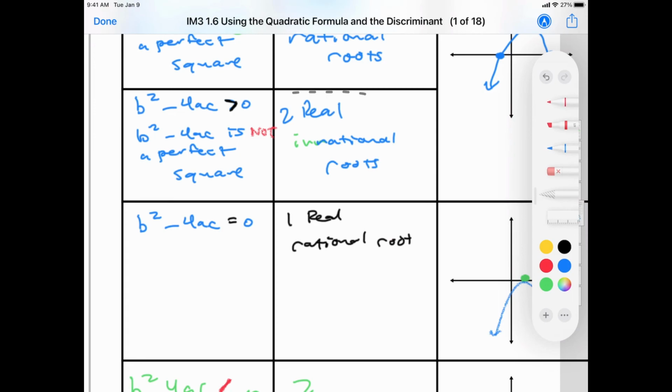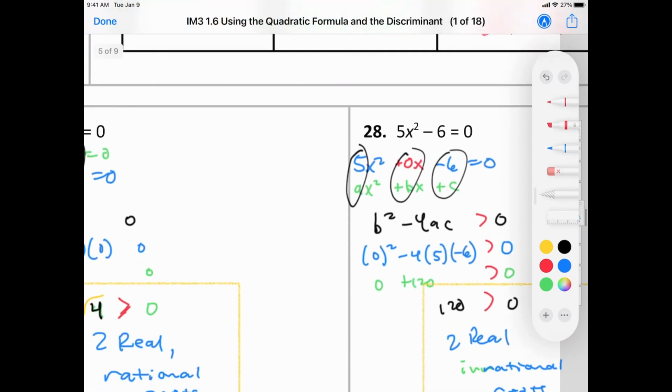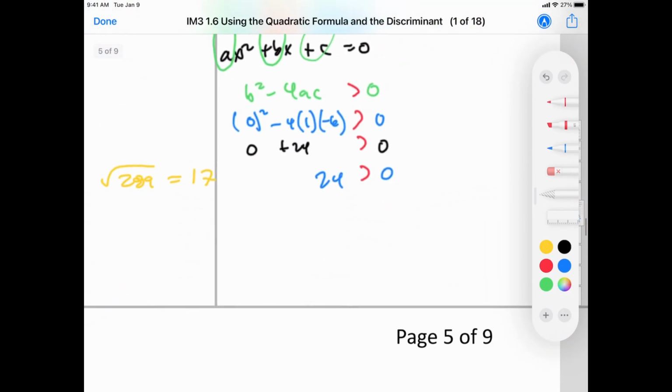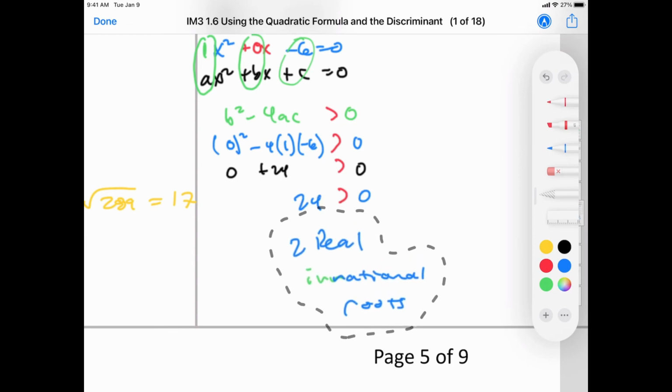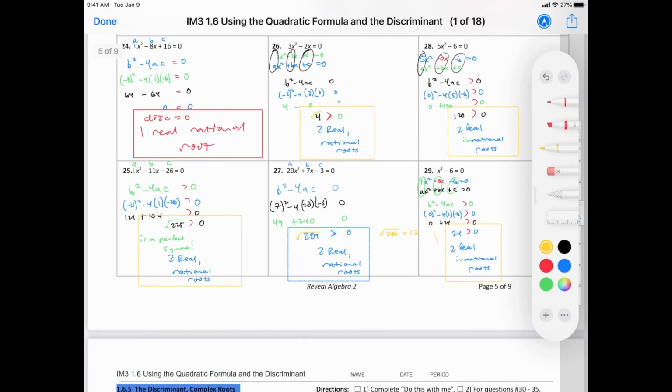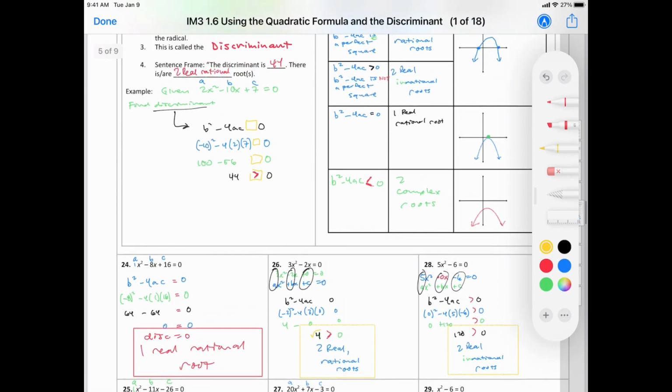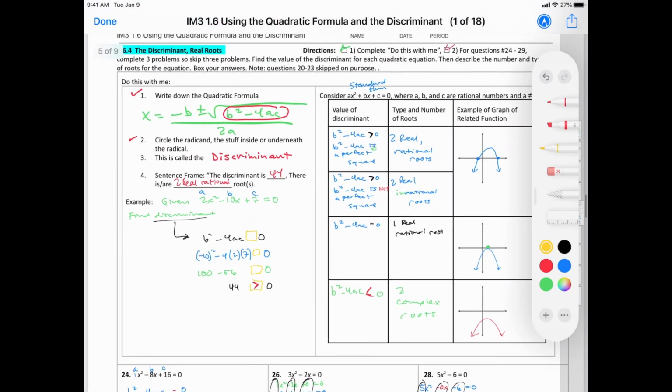So I'm going to copy this one. And that was 1.64. Finding the discriminant where we have real roots.